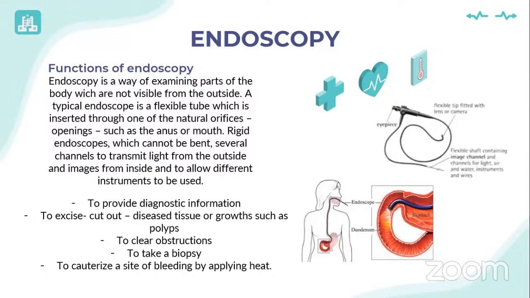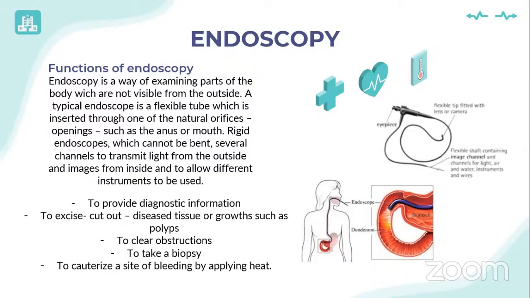Endoscopy. Function of endoscopy. Endoscopy is a way of examining parts of the body which are not visible from the outside. A typical endoscope is a flexible tube which is inserted through one of the natural orifice openings such as the anus or mouth.